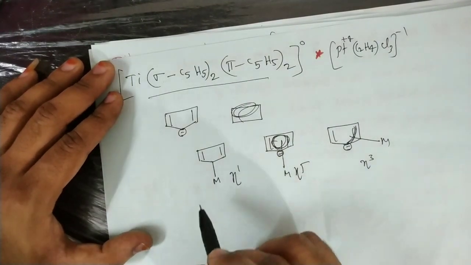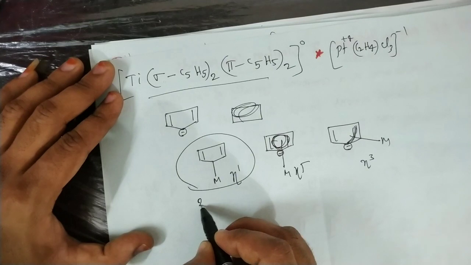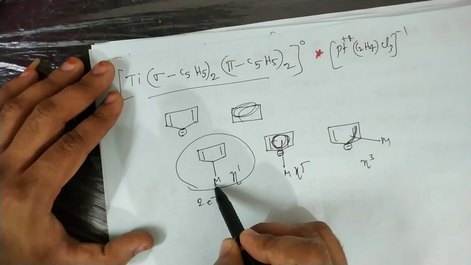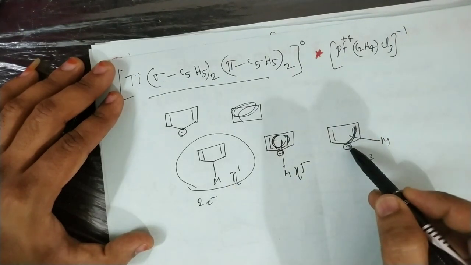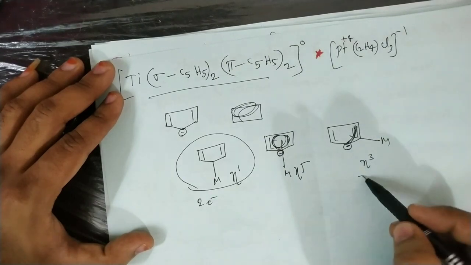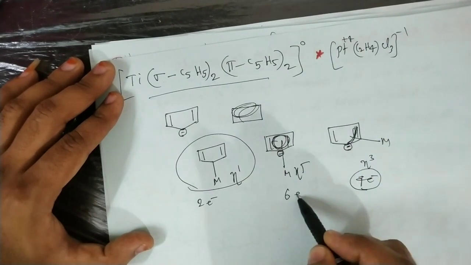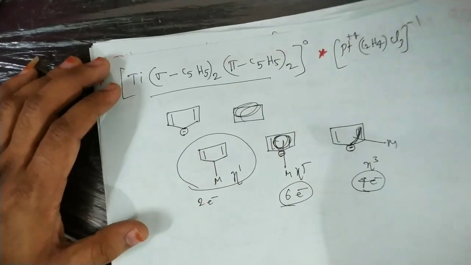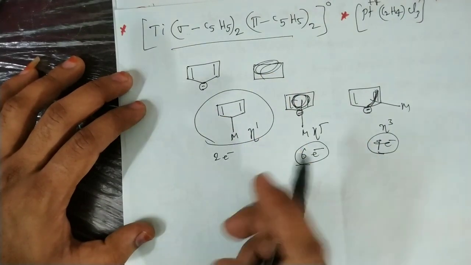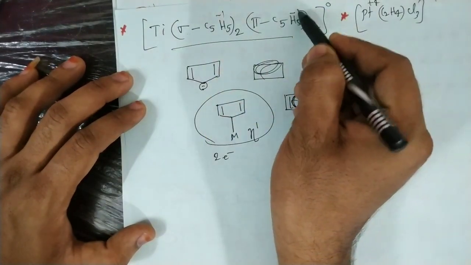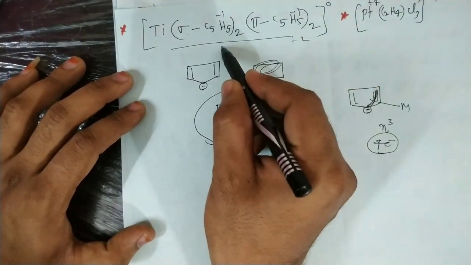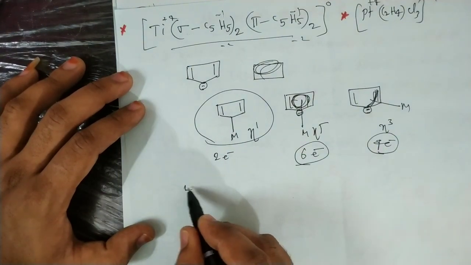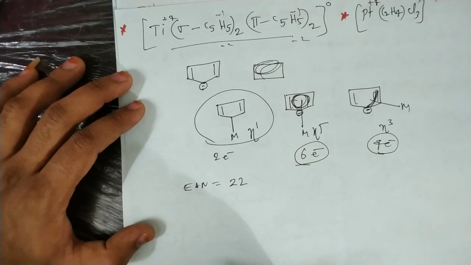Now in this case it is a 2 electron donor, because a negatively charged carbon donates electrons. Here 2 electrons for negative charge and 2 electrons, so it is a 4 electron donor. Here it is a 6 electron donor when hapticity is 5. Now calculate this one. Titanium oxidation number: C5H5 minus 1, two of them, that means minus 2 and minus 2, so ultimately titanium plus 4. Titanium atomic number is 22.